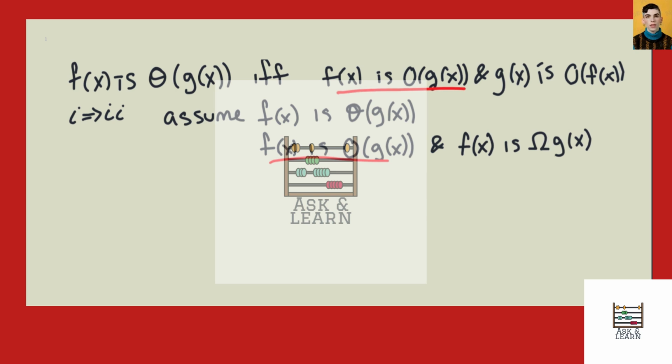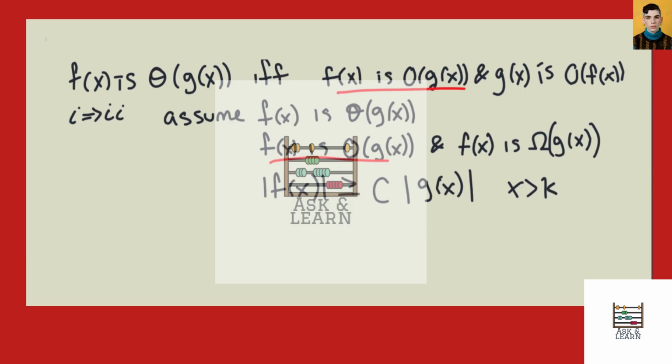Okay, well, if f of x is big omega of g of x, I forgot the brackets here, then by big omega notation, there exists a c and a k such that the absolute value of f of x is greater than or equal to some constant times the absolute value of g of x, whenever x is larger than k.